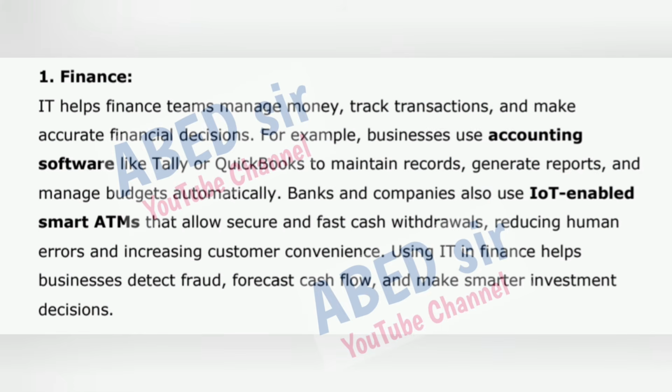Banks and companies also use IoT-enabled smart ATMs that allow secure and fast cash withdrawals, reducing human errors and increasing customer convenience. Using IT in finance helps businesses detect fraud, forecast cash flow, and make smarter investment decisions.